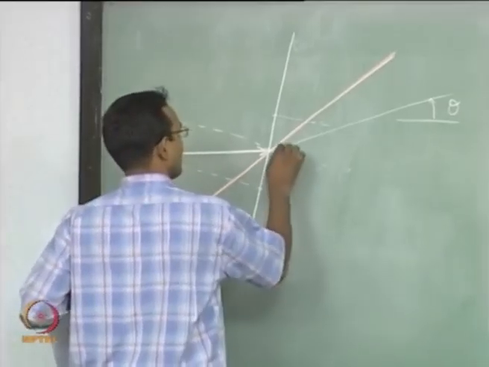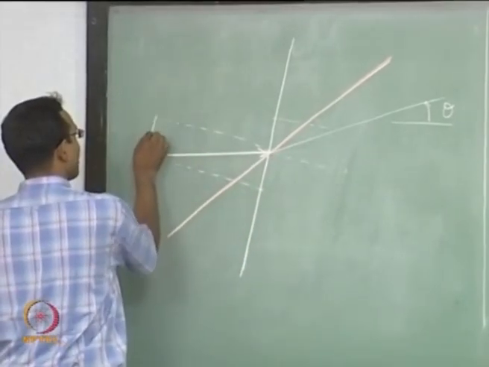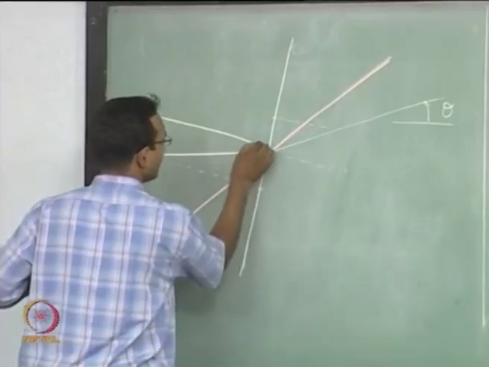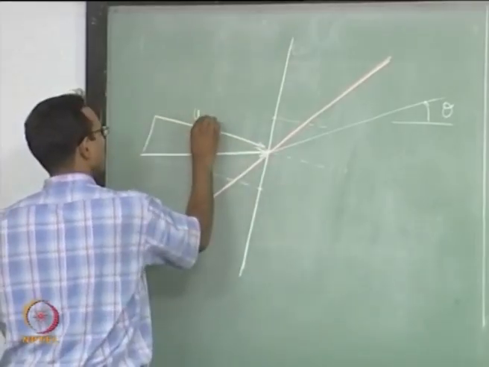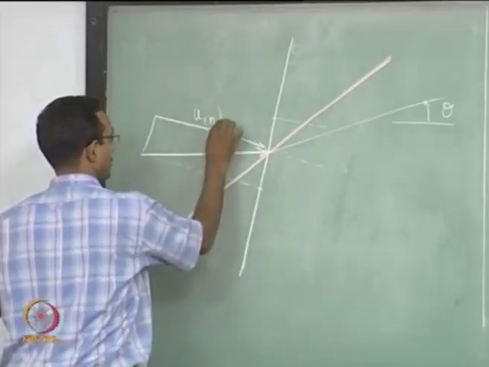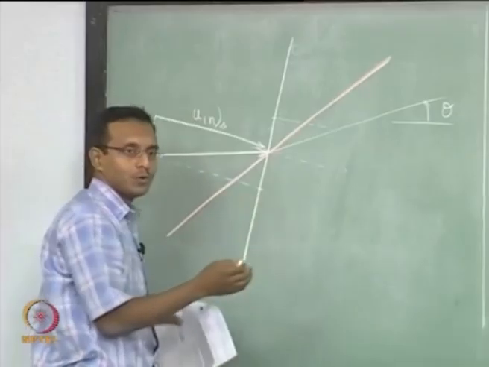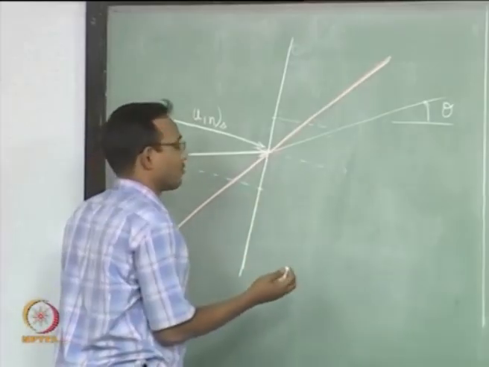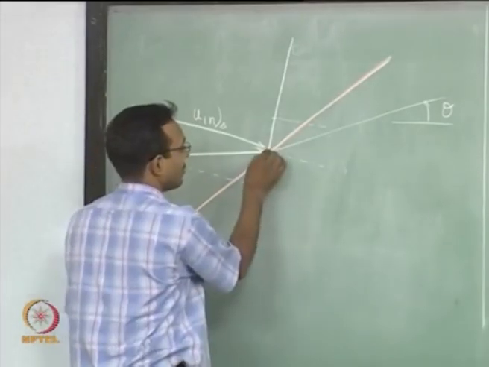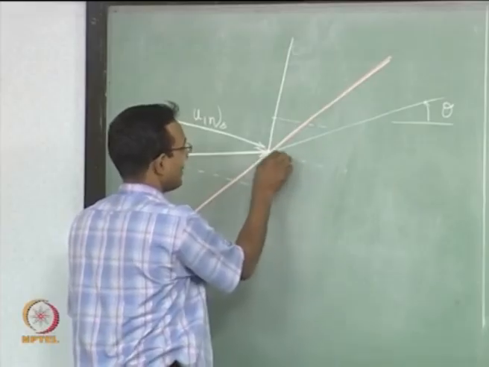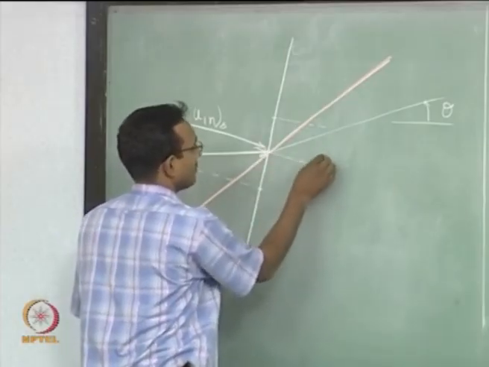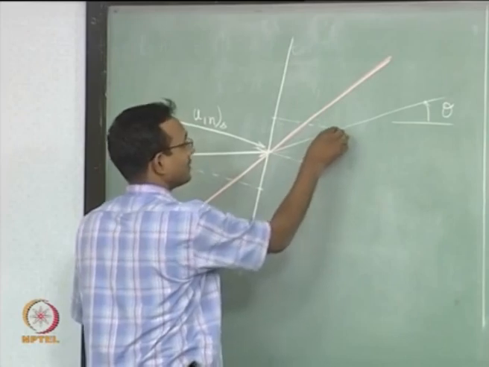Okay. Now, this long vector is my u1 normal for the strong shock solution, and it is going to be brought down. u2 by u1 will be less than 1 for a normal shock. So, I have to draw something small enough such that it will meet along that line.